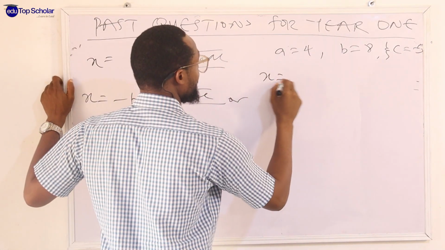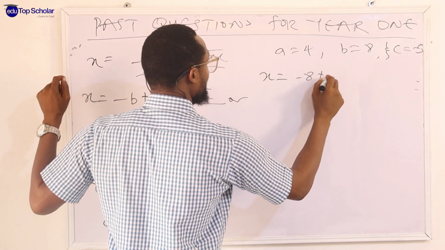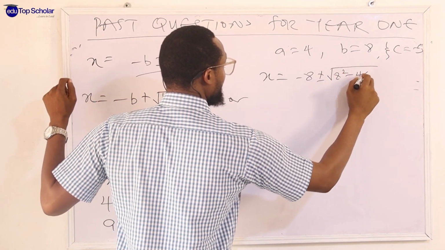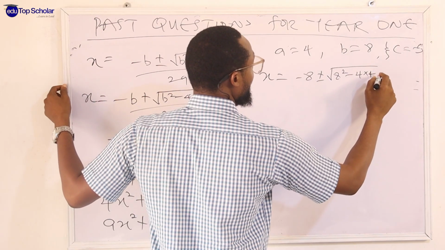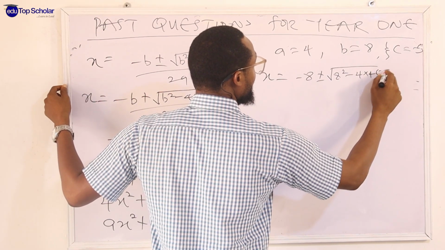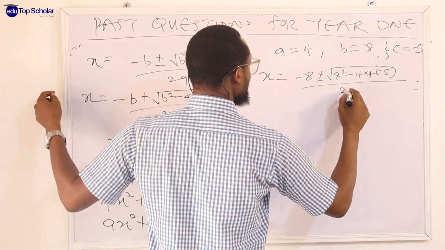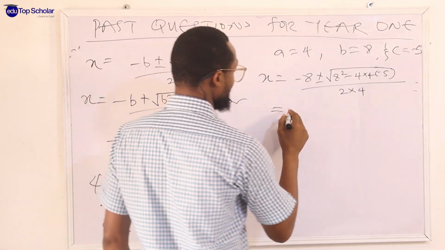So we substitute all those into this formula now. We have x equals to minus b, minus 8 plus or minus root 8 squared minus 4 multiplied by what is our a? 4, and our c minus 5. All of this divided by 2 multiplied by 4. Our problem is solved.